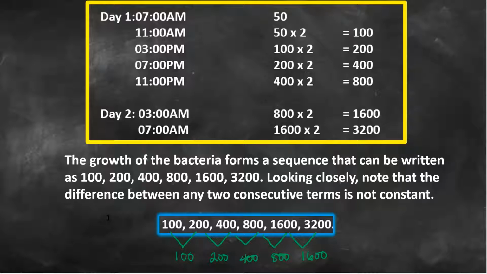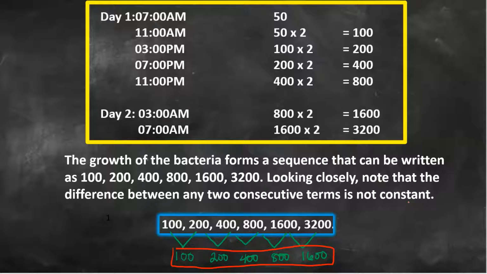So if you closely look at the differences here, we can see that we don't have a constant difference. Unlike an arithmetic sequence, which has a constant difference.